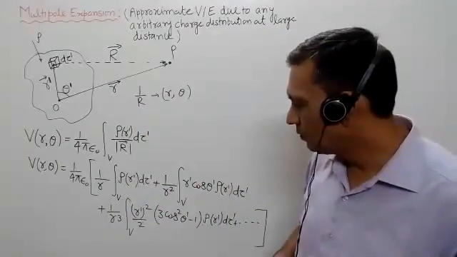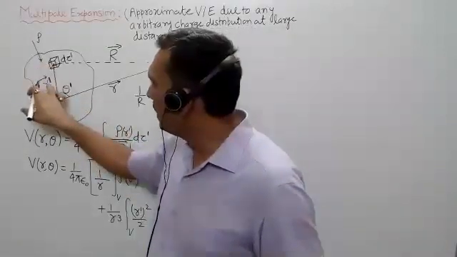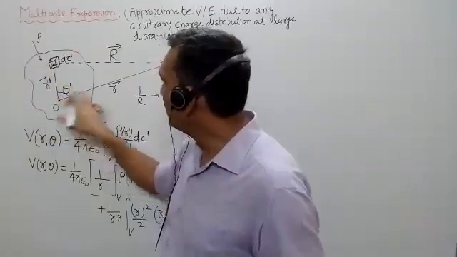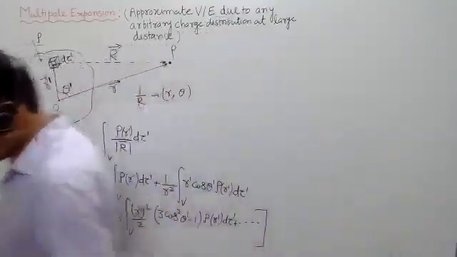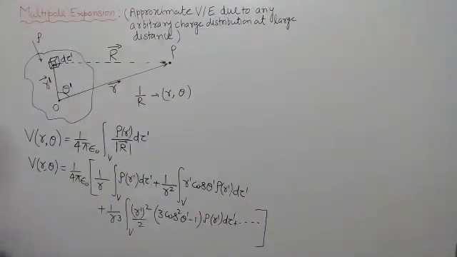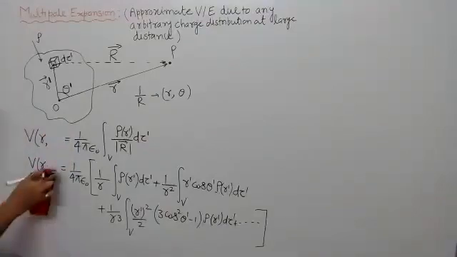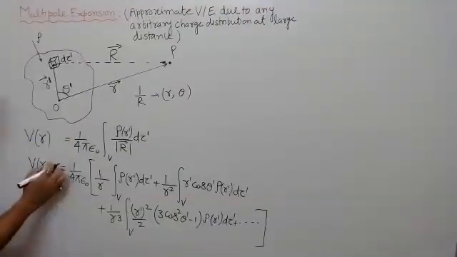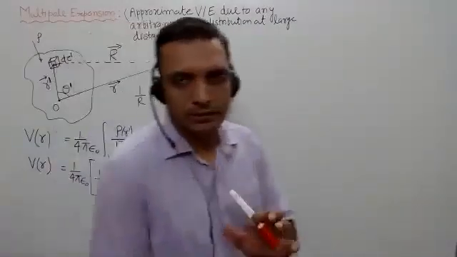Sir, can you please show which is the theta angle? This angle between r and this is theta dash. Sir, is this the same theta? Don't confuse with this theta. We have to finally write in terms of r only, in terms of distance only.